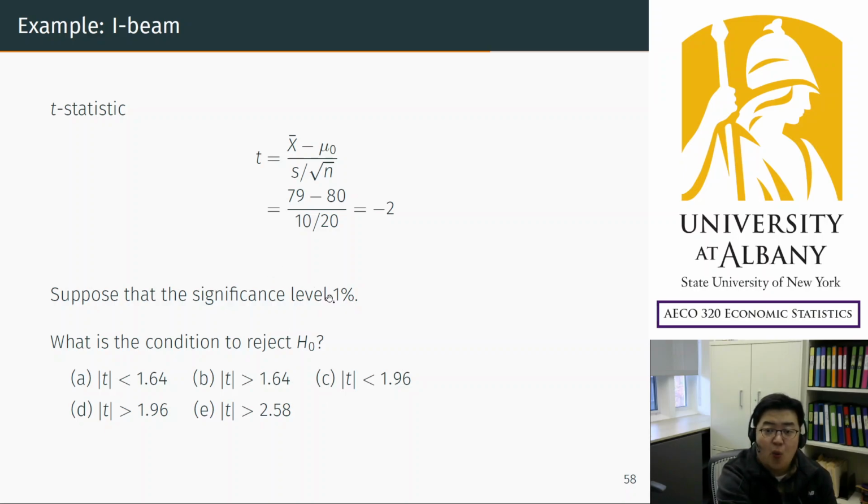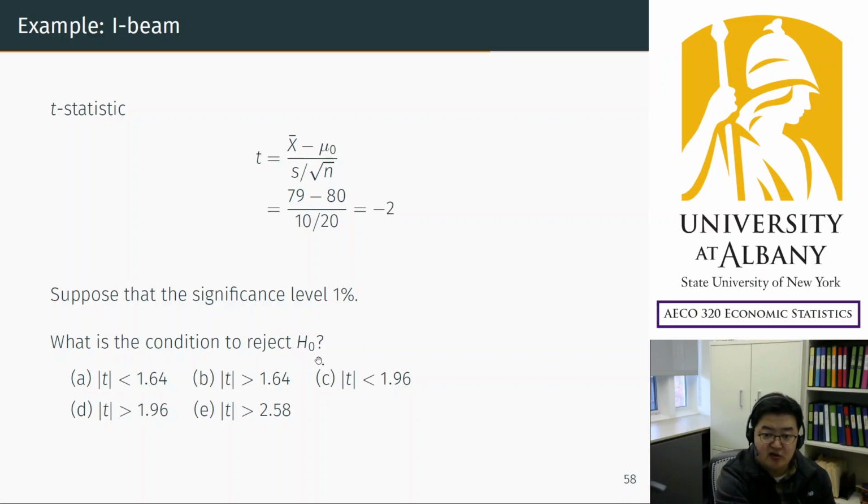Okay, so 1% implies 2.58. First of all, the rejection rule should be stated as the absolute value of t greater than something. So A and C should be ruled out because of the direction of the inequality. Remember, t is the difference, and if the difference is too large, you are going to reject the null hypothesis.